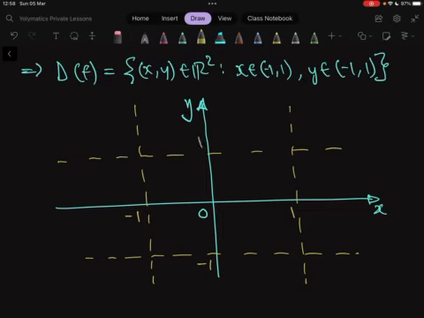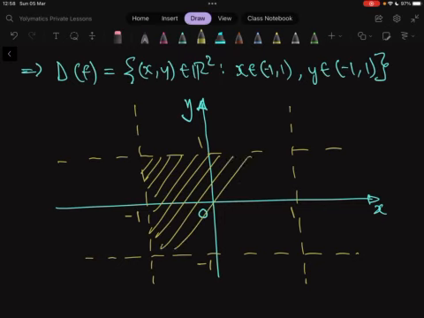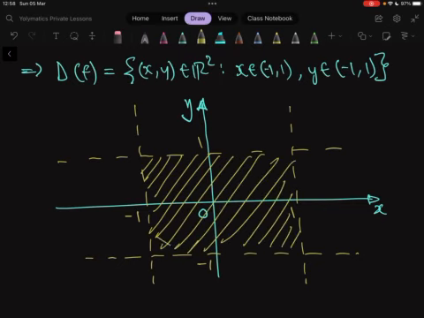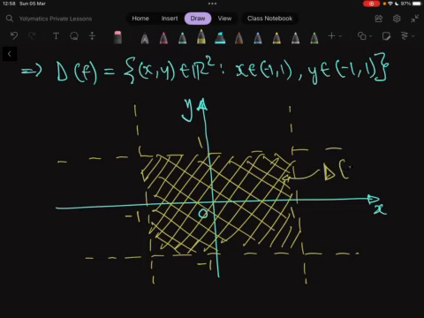The region that is common or shared is this rectangular area here. That's the region that consists of all the values that can give us outputs when we put them into that function, and therefore that's the domain of f that you are looking for.